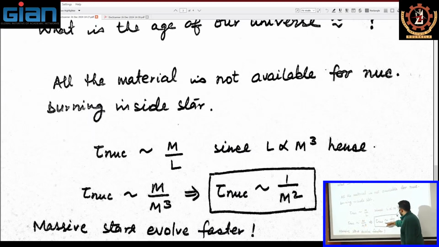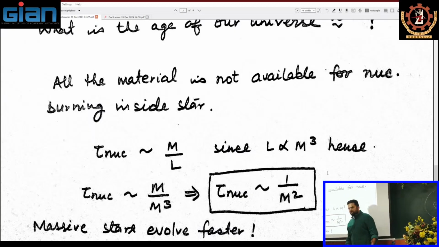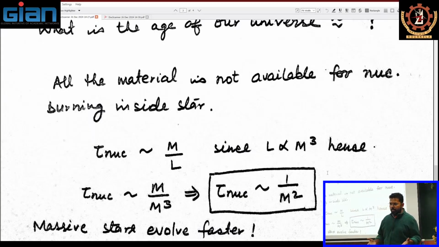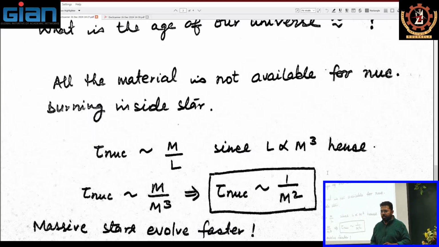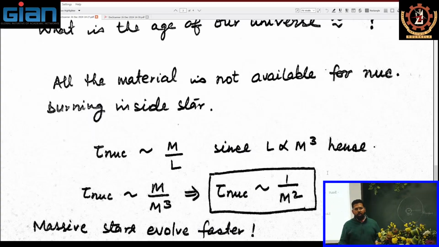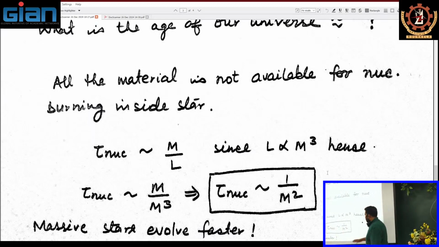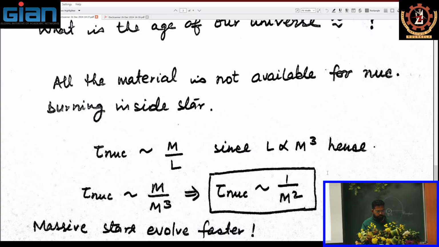So in this case, your nuclear time scale will be proportional to 1 divided by m squared. It means the more massive your star is, the shorter its nuclear time scale would be, so the faster it is going to evolve. And you know why this is taking place only by knowing the definition of the nuclear time scale and the relation between mass and luminosity. That is why you can easily say that more massive stars evolve faster than low mass stars.